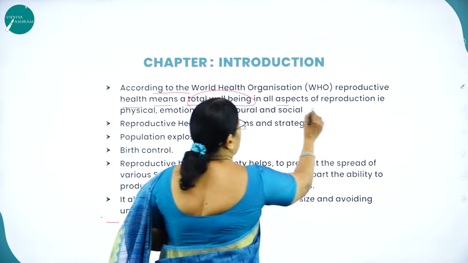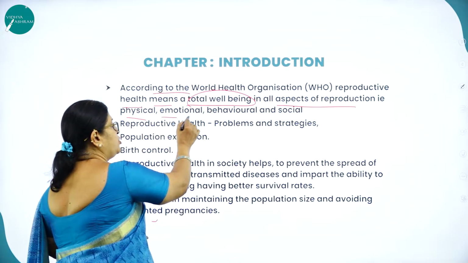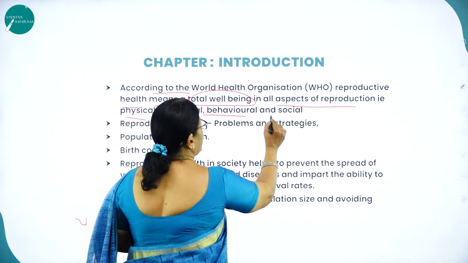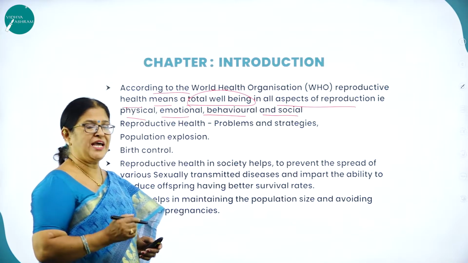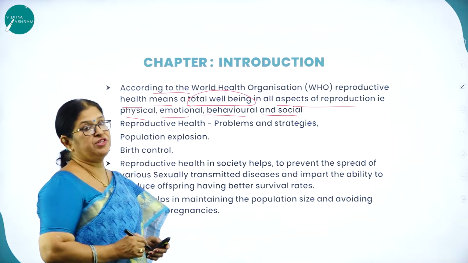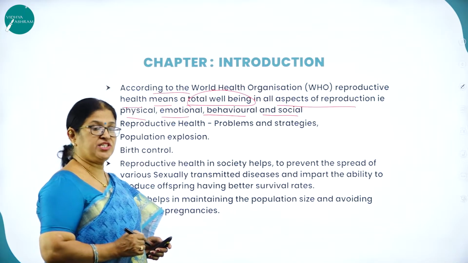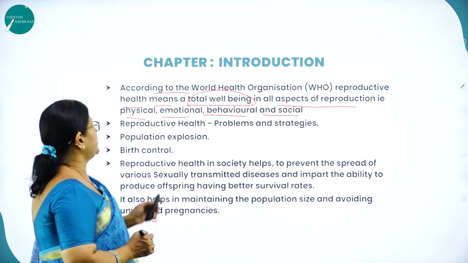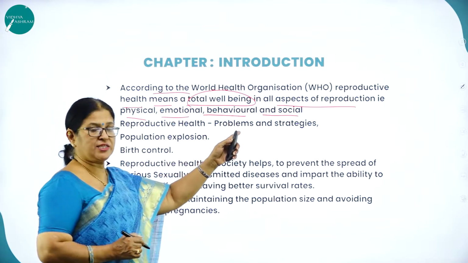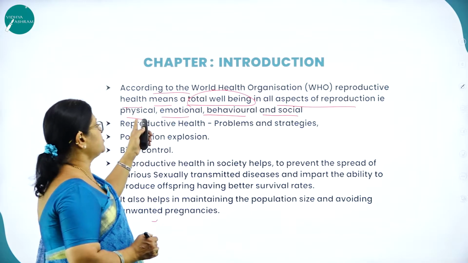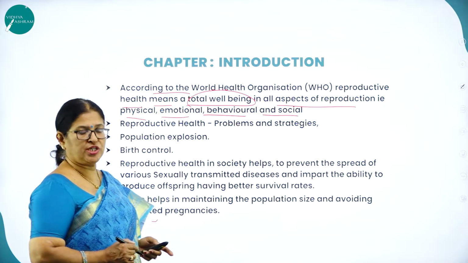What is the correct definition according to the World Health Organization, WHO? Reproductive health means a total well-being in all aspects of reproduction, that is physical, emotional, behavioral and social well-being.